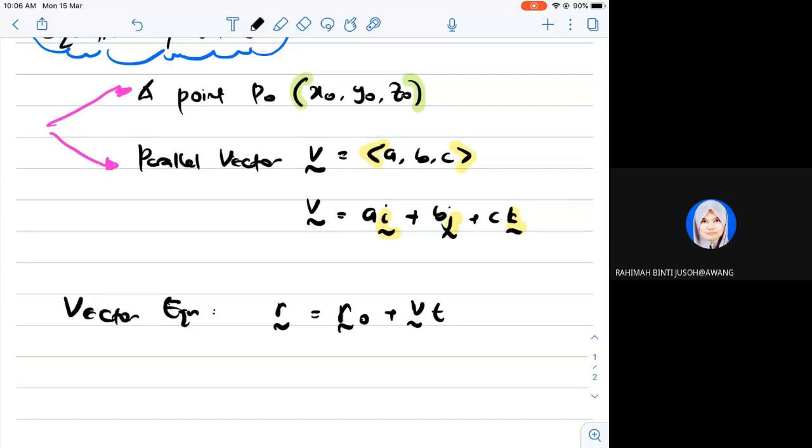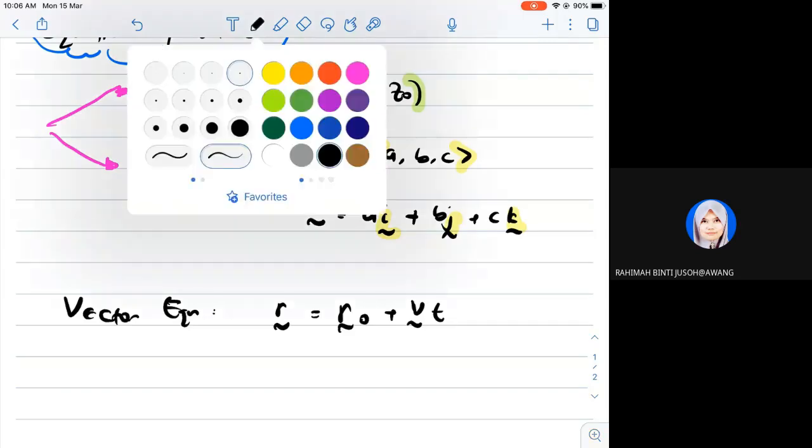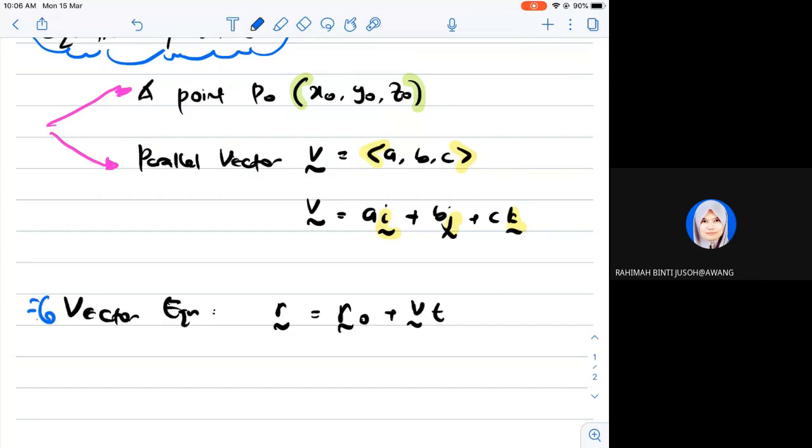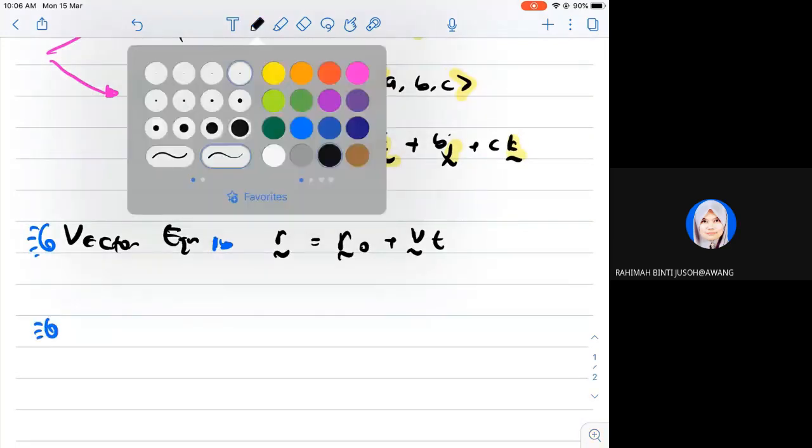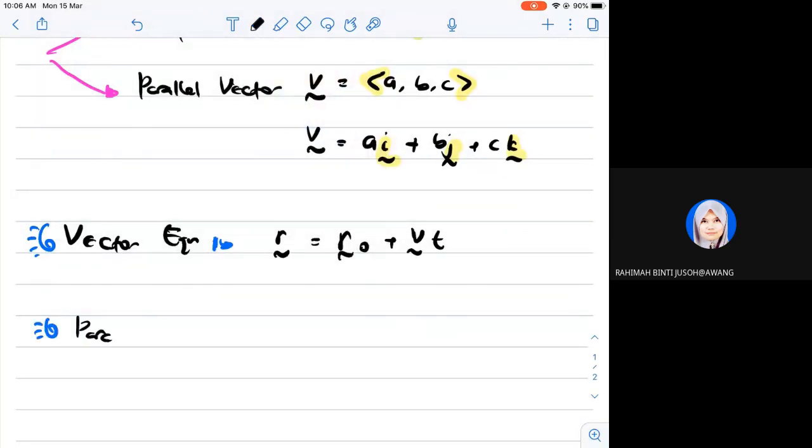Okay, R naught plus VT. This is the vector equation of line. Number one, we have vector equation of line. Okay, number two, we will have parametric equations of line.